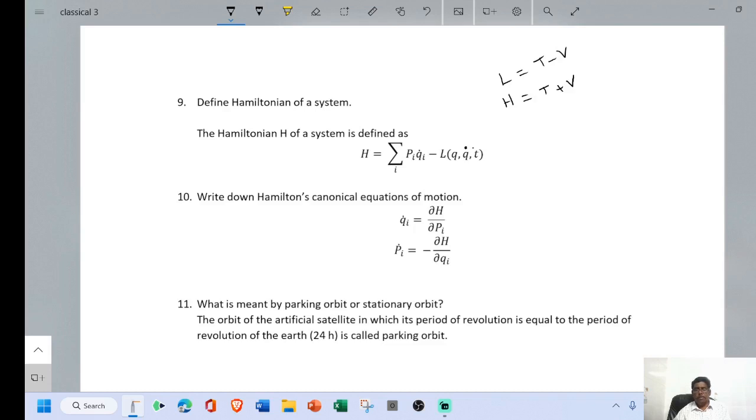Suppose a satellite is making its orbital motion, then the period of revolution, that means the time taken for one complete revolution, is equal to 24 hours, then such an orbit is called a parking orbit or stationary orbit.